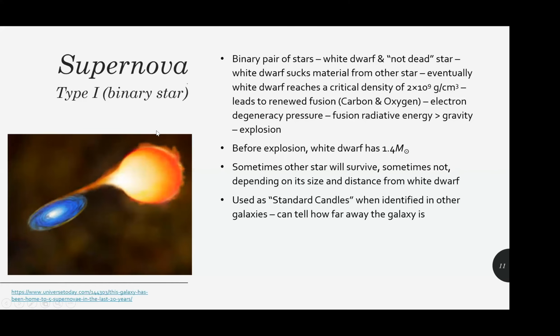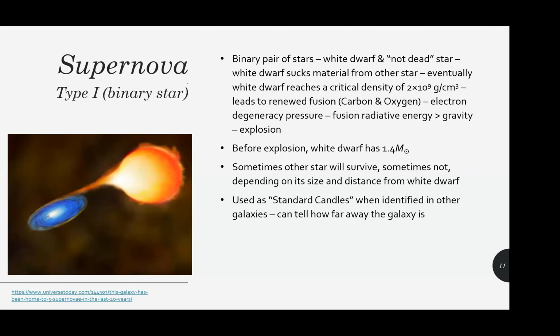And so these type 1 supernovas are incredibly important in astronomy because they are used as standard candles. Because we understand what's taking place when a type 1 supernova occurs, we can tell how bright it actually is, so its absolute magnitude. Then when we see it somewhere else in our own galaxy or in a different galaxy, we measure its apparent magnitude.